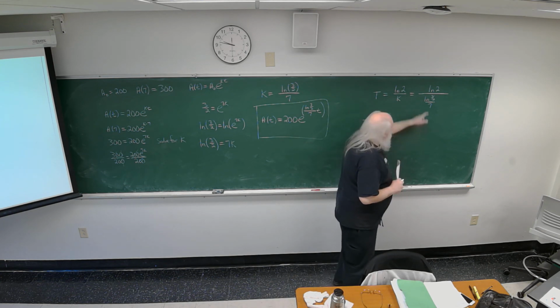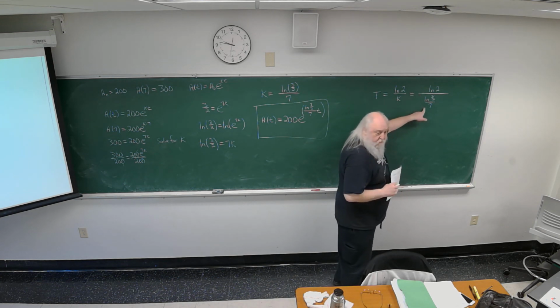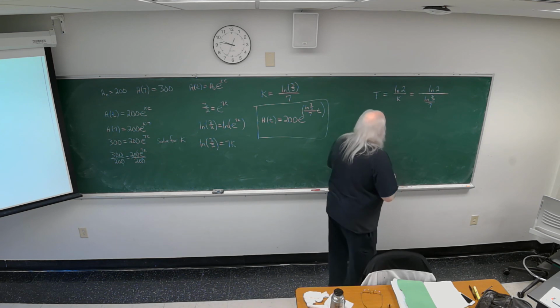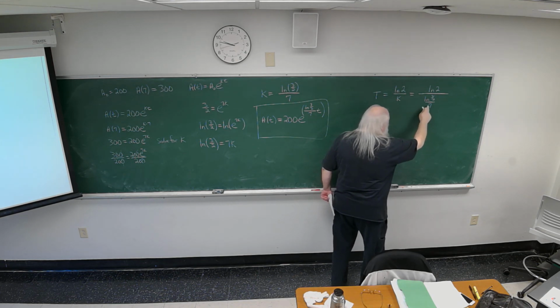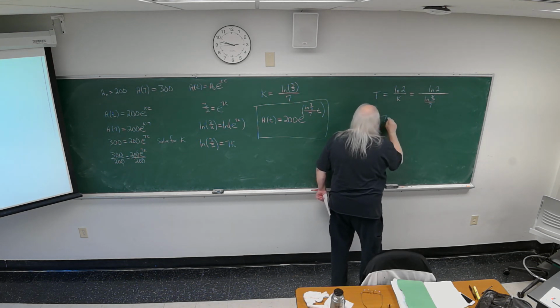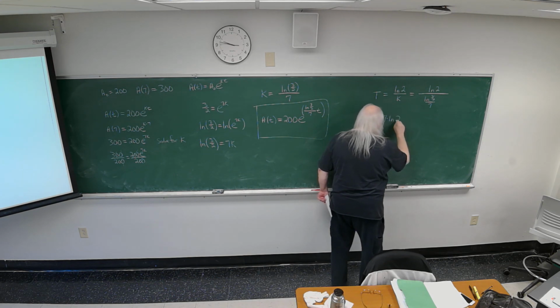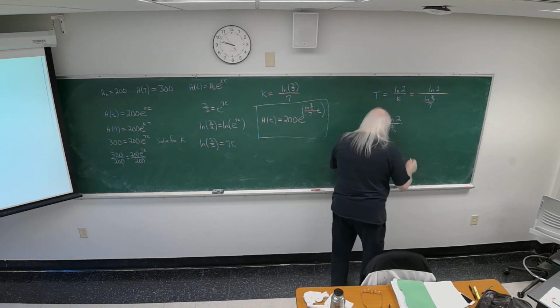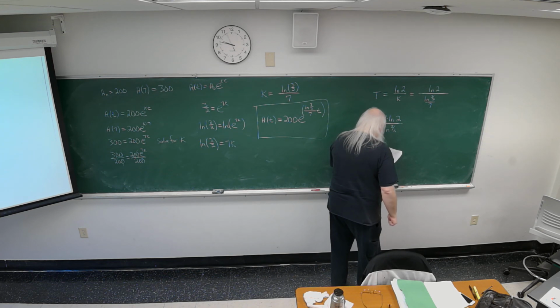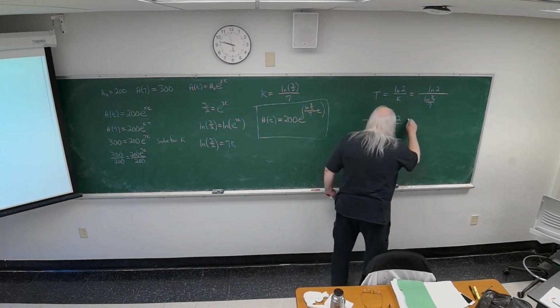Division by fractions, keep, switch, flip, right? So we keep the natural log of 2, we switch division to multiplication, and then when we flip this bottom fraction, we end up with 7 times the natural log of 2 over the natural log of 3/2. And this is in unit hours.